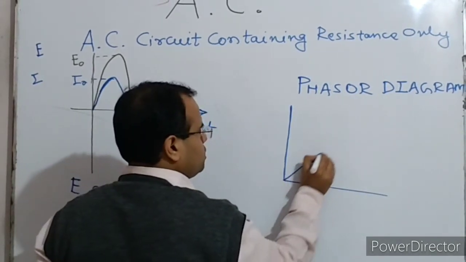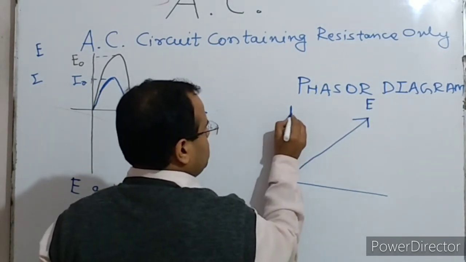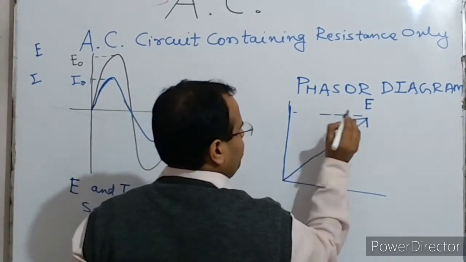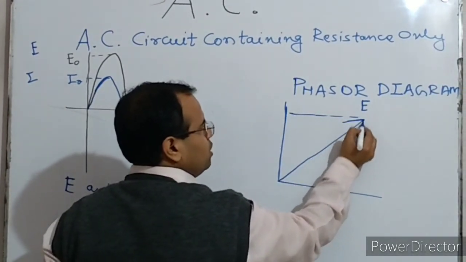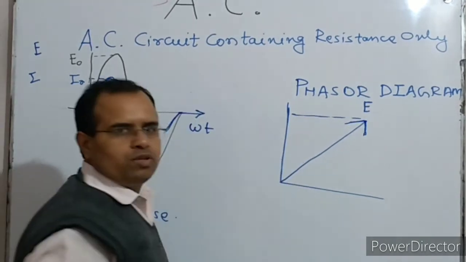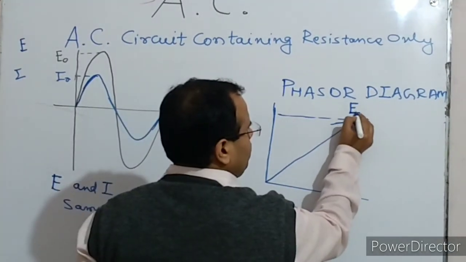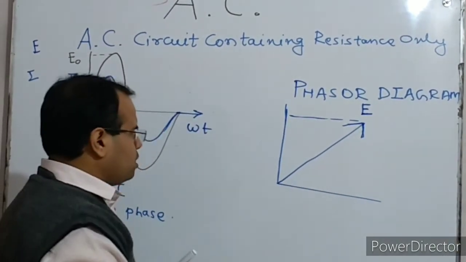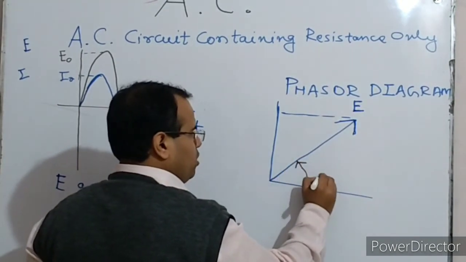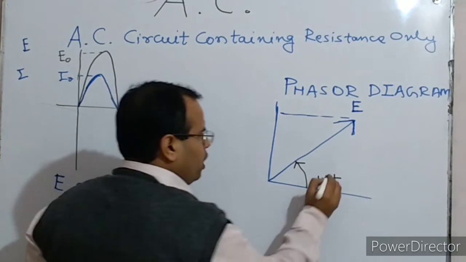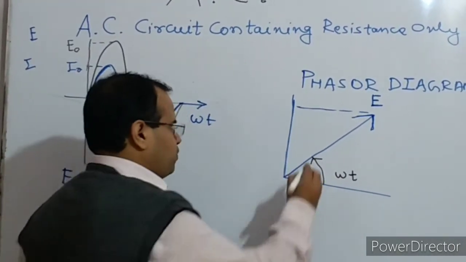Suppose this is the EMF, capital E. This is not a vector, it is a phasor. The length of this phasor gives us the magnitude of EMF. So this is capital E, and it is making a certain angle with this axis. Say this angle is omega t.